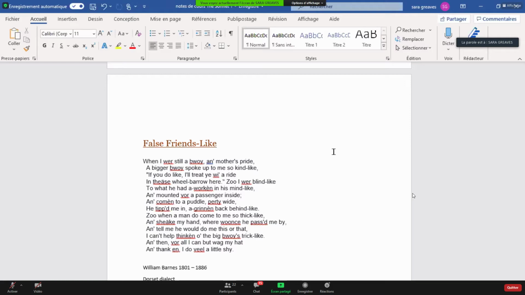It's a rural setting, the wheelbarrow, the puddle, the mud. And then the language, the dialect, of course, is rural, and this contrasts with the courtly tradition of the Elizabethan sonnet. However, the poem is a moral tale, as we said.